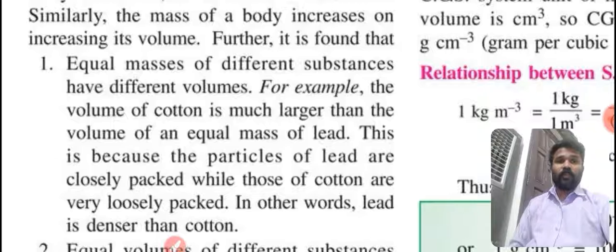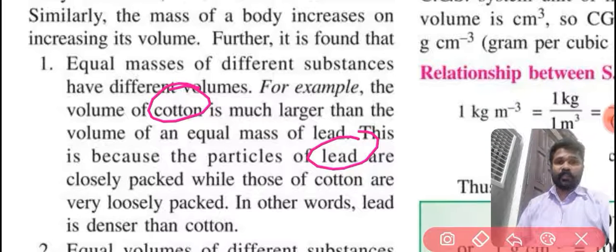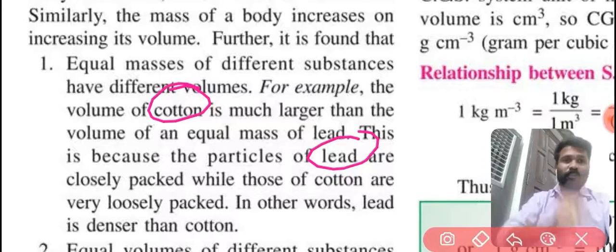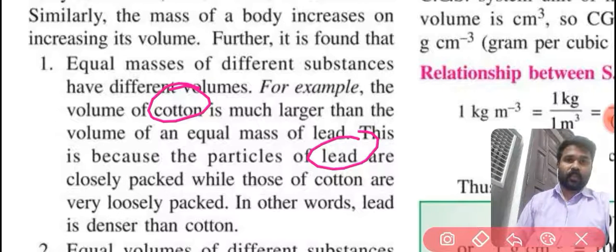This is because the particles of lead are closely packed, while those of cotton are very loosely packed. If you consider lead and cotton, the molecular arrangement, we have learned about this molecular arrangement in the first chapter. Consider these both substances, cotton and lead.